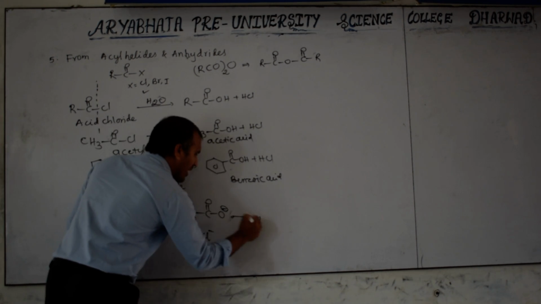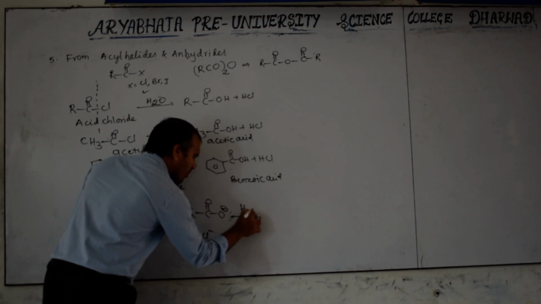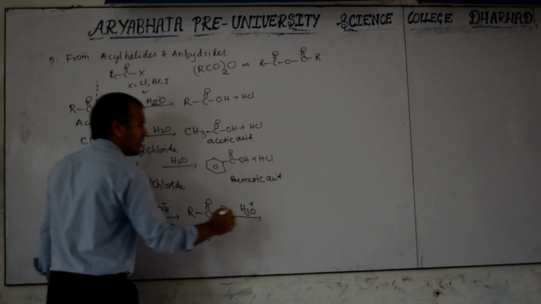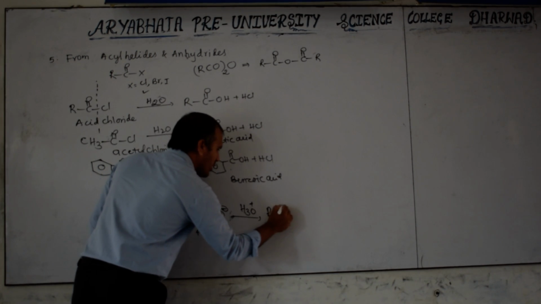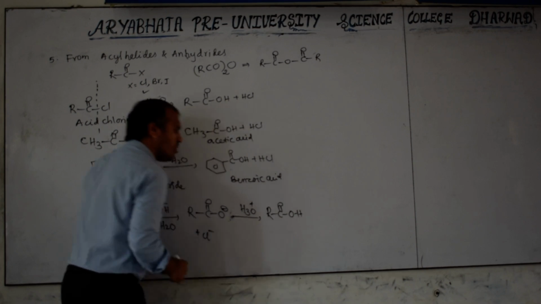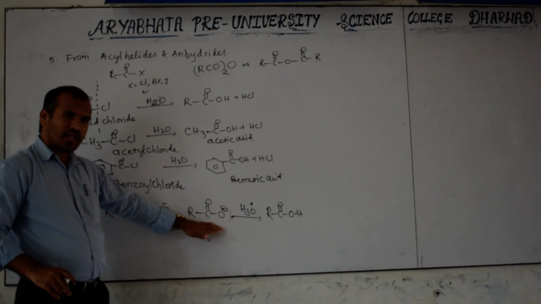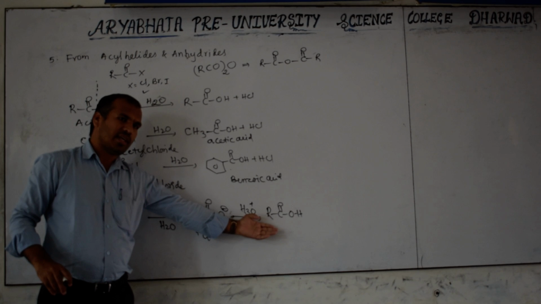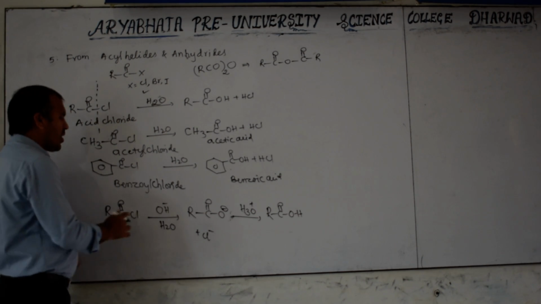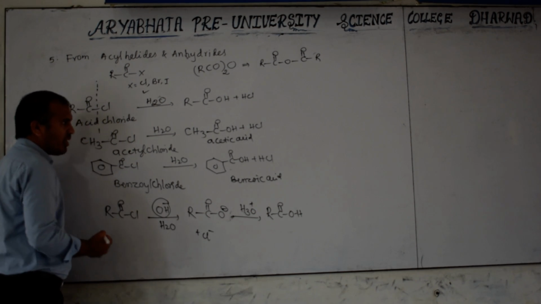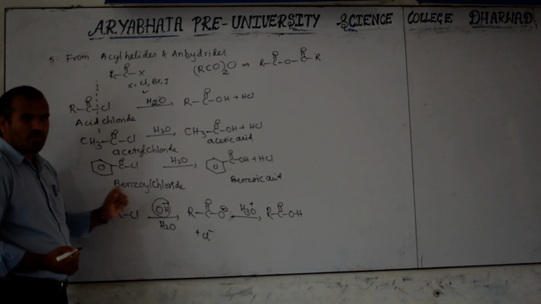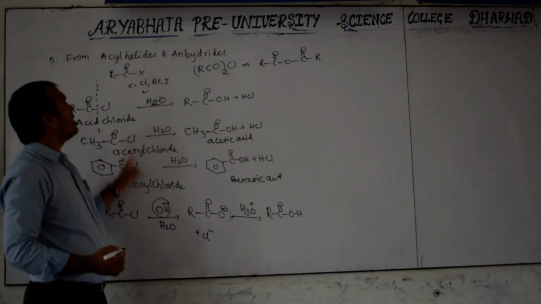If you do the acid hydrolysis step, then it converts into RC double bond OH. First it forms the carboxylate, later it converts into carboxylic acid. This is why we use the OH minus medium, to speed up the reaction. Otherwise you can use normal conditions, no problem. Now this is the acid halide.